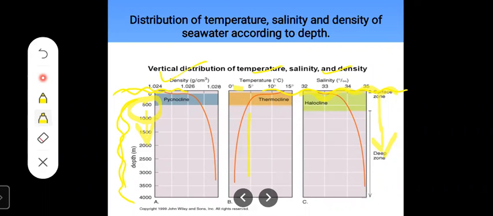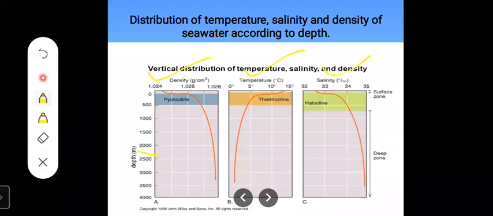Then next, move on to the density now. Wait, I'll erase this. Density is decreasing up to 200 meter depth. Here also the density is the same as per the temperature and salinity. As I told you, the density totally depends on temperature and salinity.